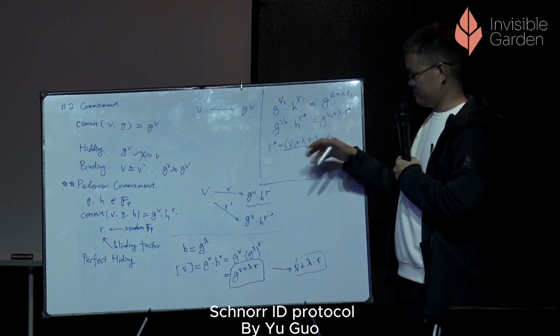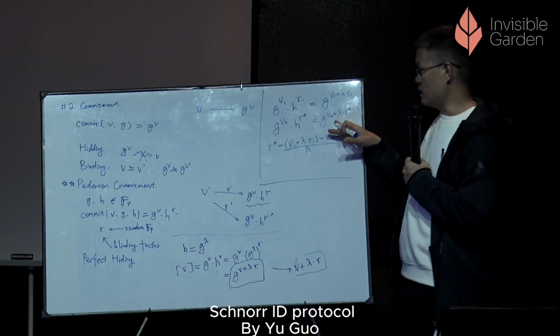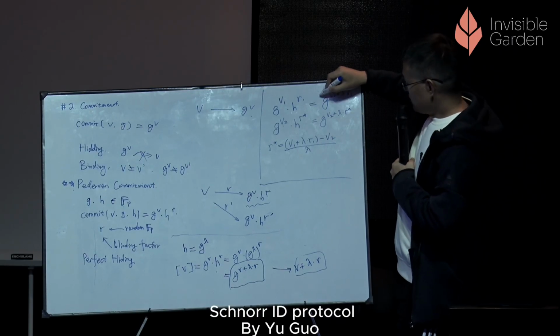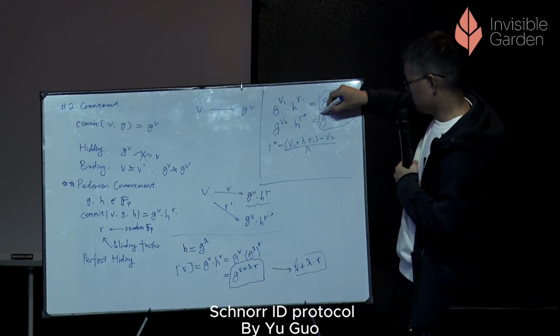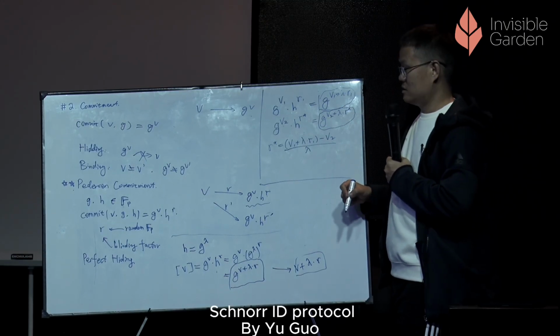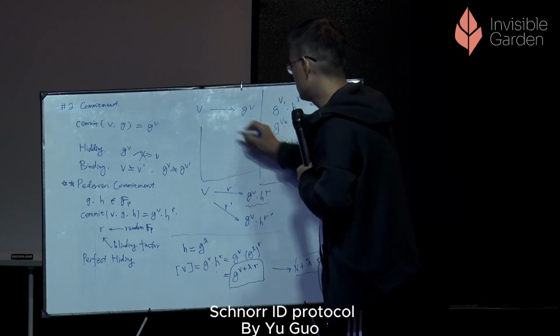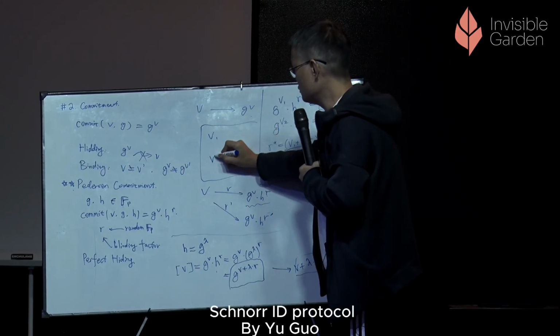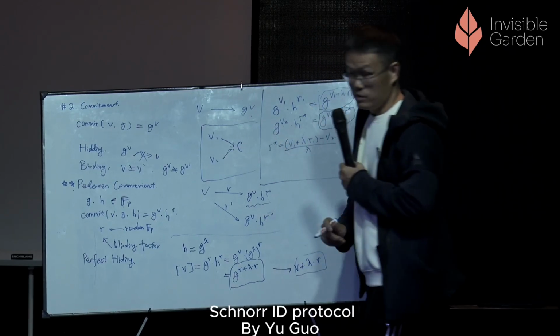Then we put this definition of R star into this expression, and we can say this commitment is equal to that commitment. It means that we have two different values, but we committed them into the same commitment.